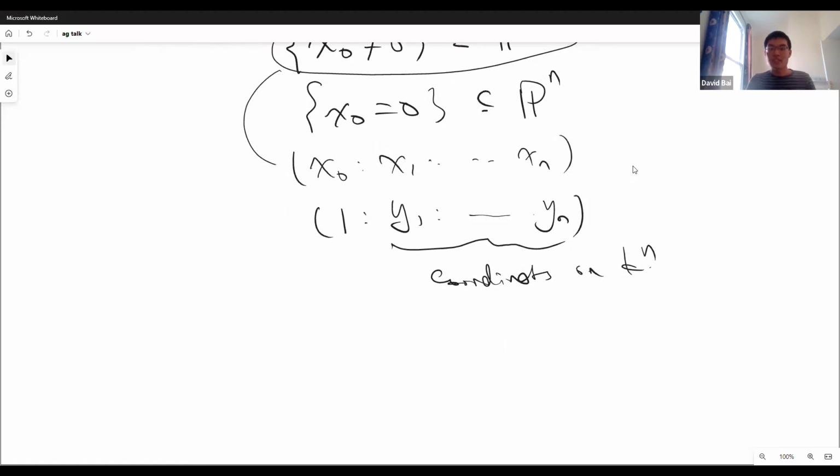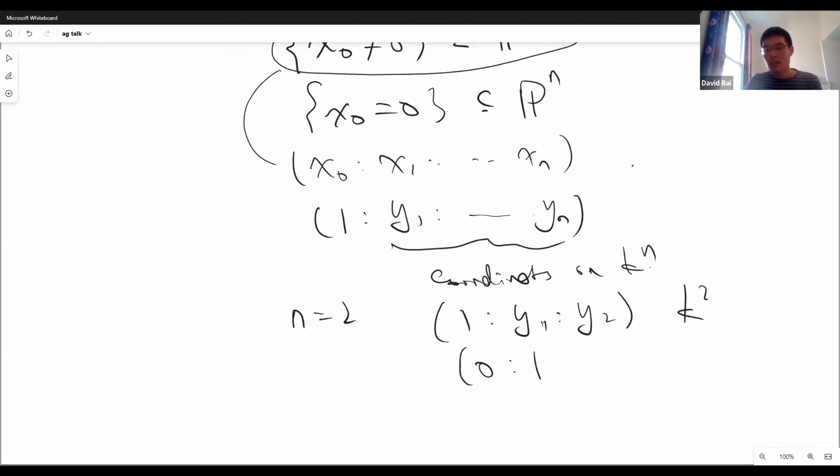And it does make sense, because let's just take n equals 2. Then 1 colon y1 colon y2 gives you the points in the plane. And if y1 is non-zero, then I can also multiply by its inverse, and get 0 colon 1 colon m.